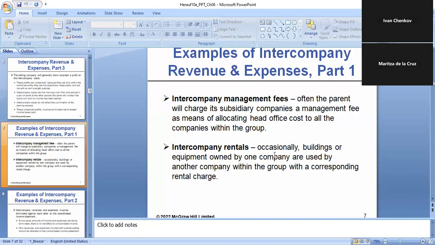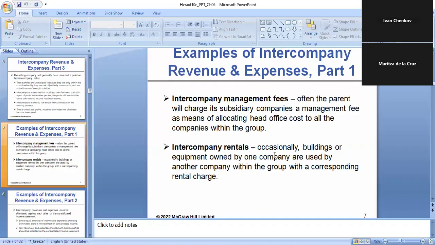Now that corporation, which the individual has, is involved in the third corporation. That corporation can charge a management fee and get the big company to pay the management fee. Now that fee is considered an intercompany transaction, and those transactions have to be eliminated.